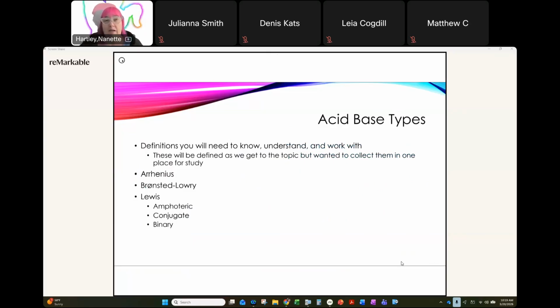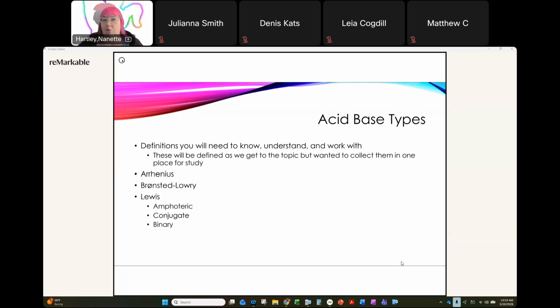Is this a Bronsted-Lowry acid? Is this a Lewis acid? Lewis base. If you took 110 here, you remember that there was a question on the final that asked you to define which ones they were. So that is something that we do have the expectation that you can do. So we'll talk a lot about how we can identify those things. And then we're going to talk about Lewis acids and bases in just a minute.